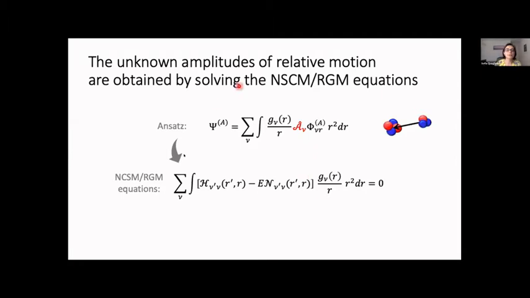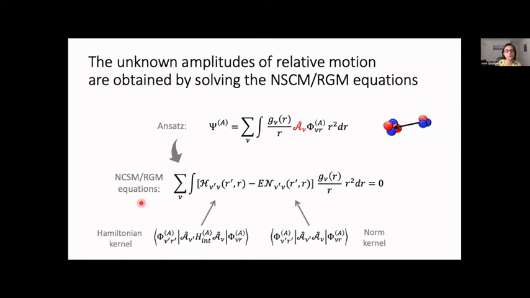Well, using this ansatz, of course, the Schrödinger equation in this model space becomes a set of integro-differential equations for the relative motion amplitudes that are the unknowns left to determine. And these are the no-core shell model RGM equations.